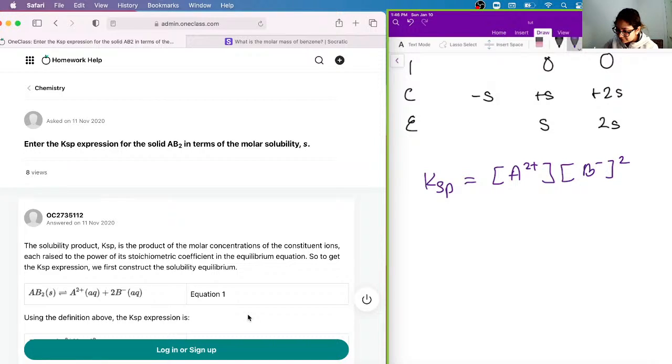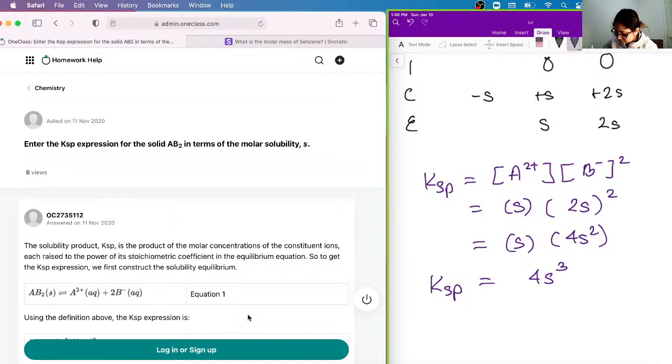So this would be S, and this would be 2S to the power of 2. So you have S times 4S squared. And if you multiply this, you will have 4S to the power of 3. So your KSP is 4S cubed, and this is your KSP expression.